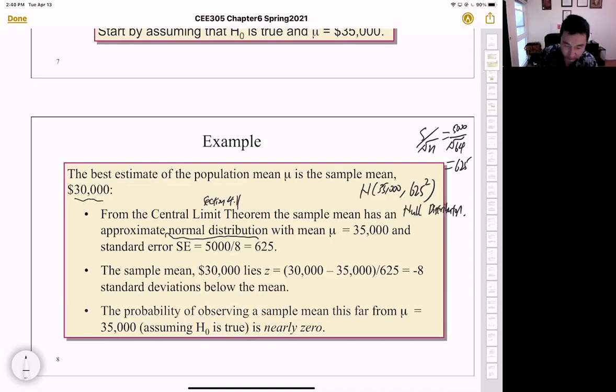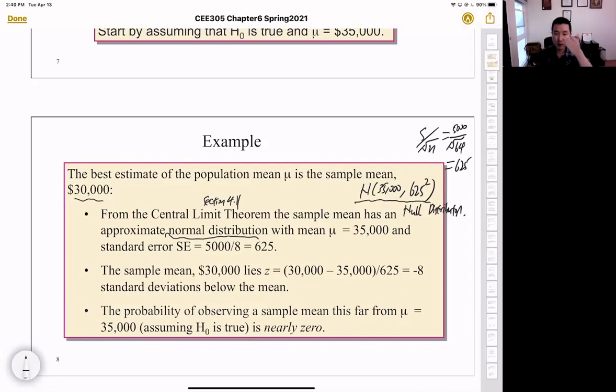All right. So if we assume the mayor's claim is correct, then the sample mean will follow a normal distribution like this. And then we can calculate the z-score for 30,000.